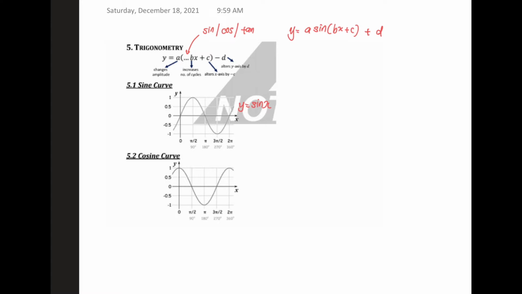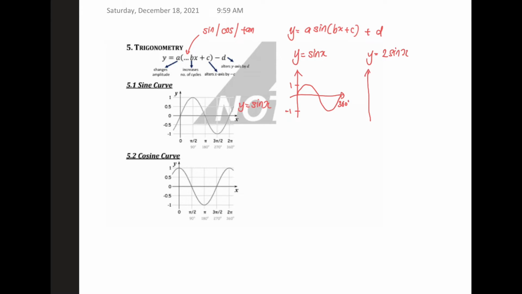Now let's say one example. I put y equals sine x, then y equals 2 sine x. So we build up slowly on all this transformation. Sine x is going to be like this: 1, minus 1, and here is going to be 360 degree.